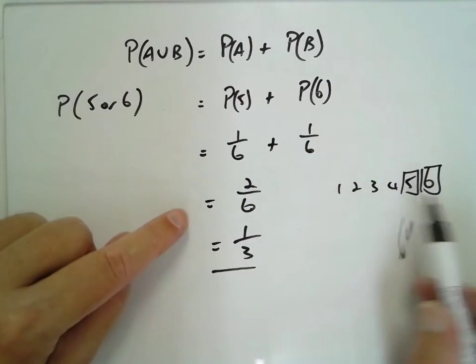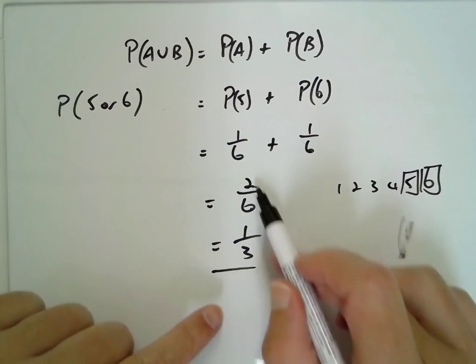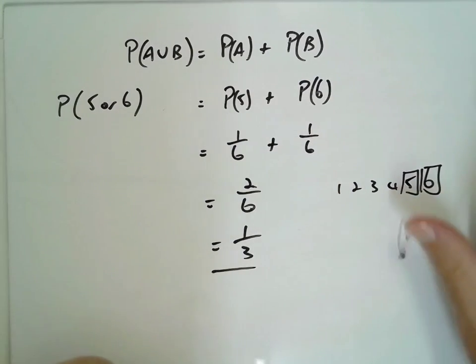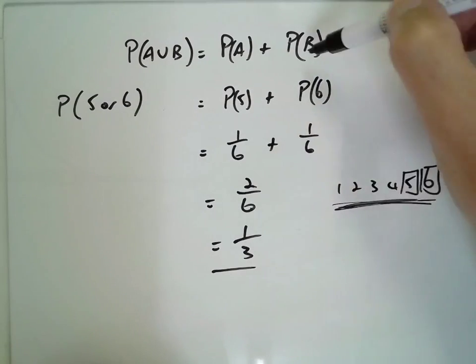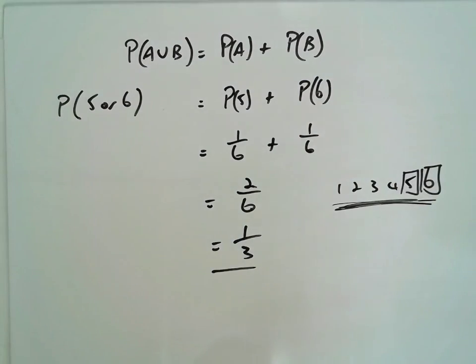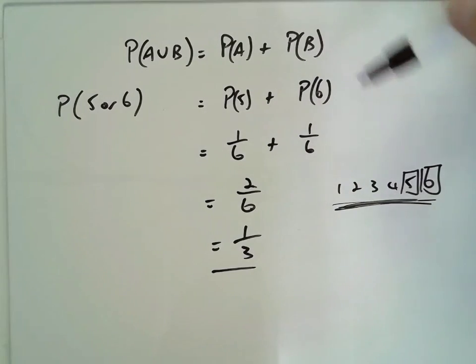So it really does stand to reason that the chance of getting a 5 or a 6 when I'm rolling a die is 2 out of 6, which is 1 on 3. So our WOPO way of thinking about it agrees with our rule. Ideally, you need to use rules, but you will use your conceptual understanding of your WOPO to actually confirm what you're doing and to validate some answers.